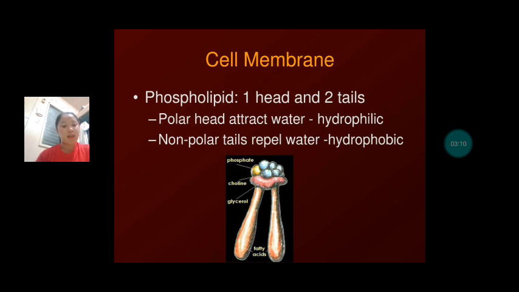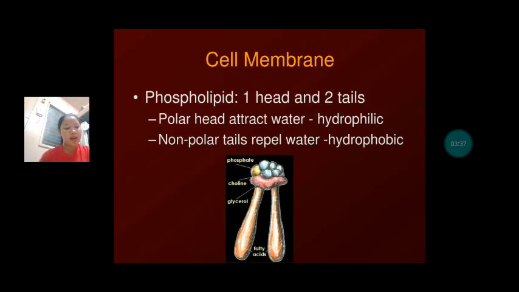The cell membrane is mainly made up of two layers of phospholipids. Each phospholipid has a hydrophilic, water-attracting head, and two hydrophobic, water-repelling tails. This is the head, the round bump at the top, and the tail is the two branch-like parts.